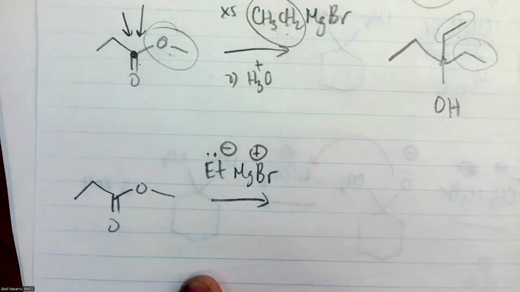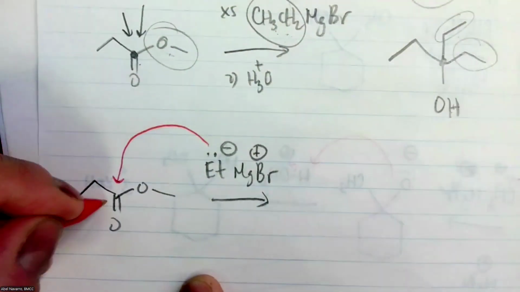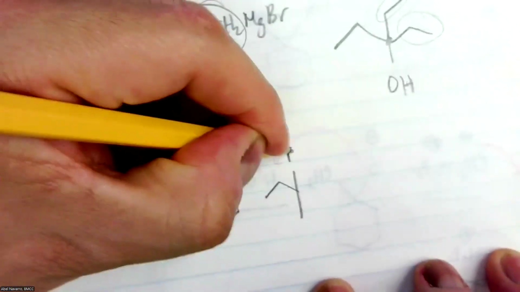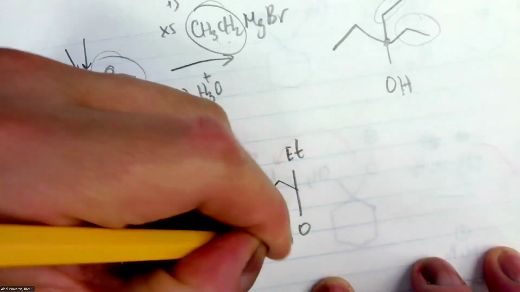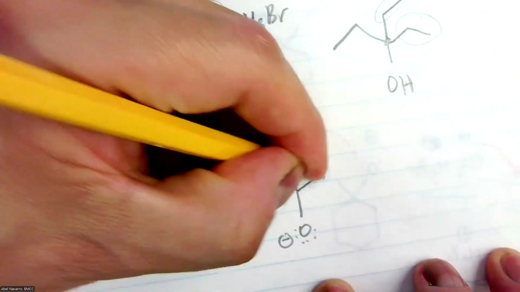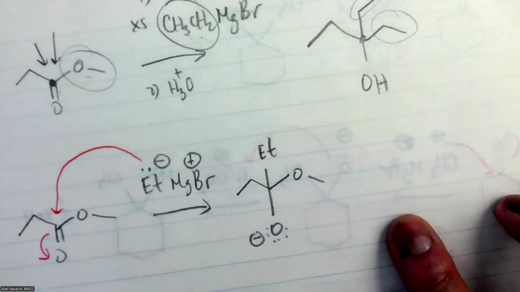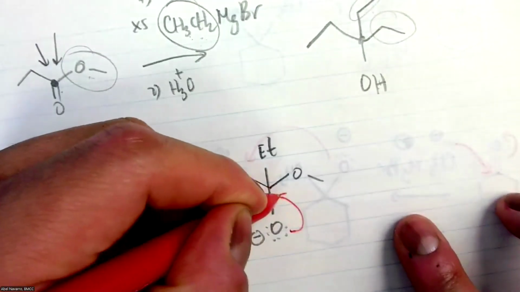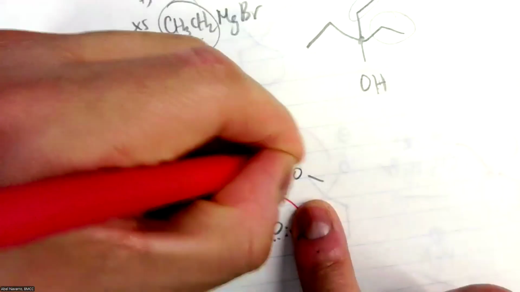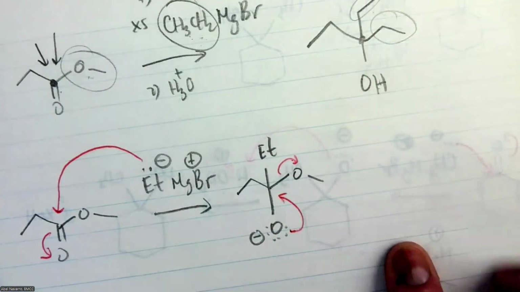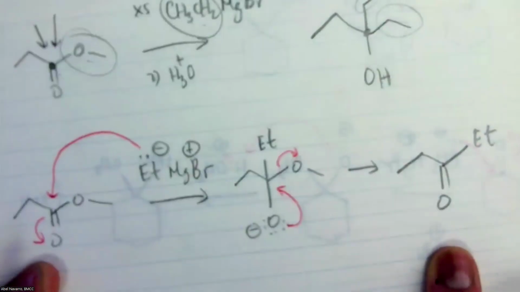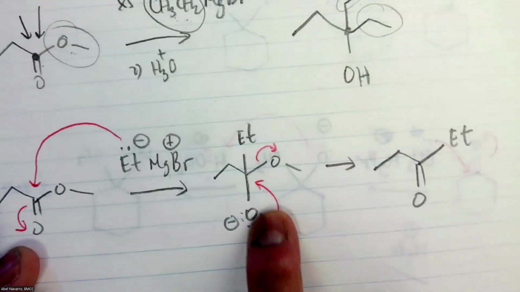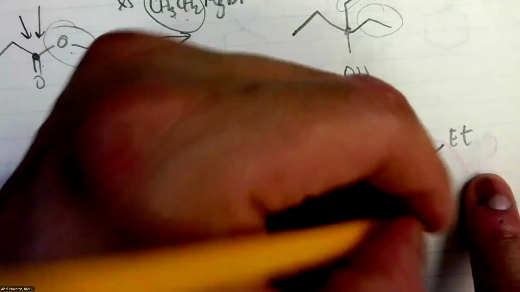The lone pair of electrons will attack the C double O. This one goes up. Now this one will come back down. This one is a leaving group though, so that's why it will get lost. See, I reform the C double O. The ethyl, I just move the ethyl here.